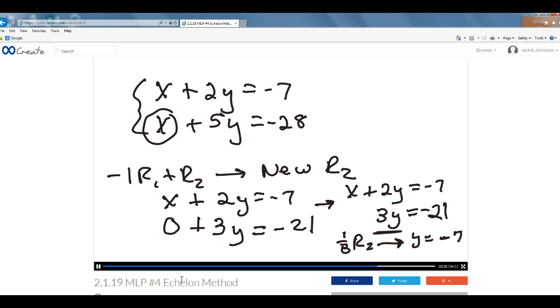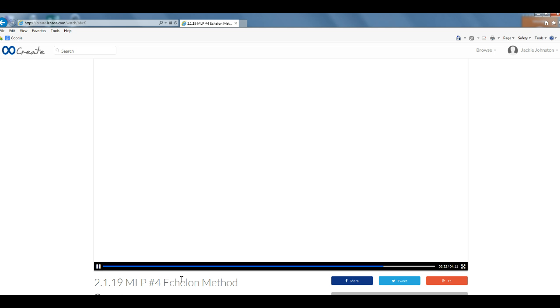So what are we looking at here? At this point, I have x plus 2y equals negative 7. That's my row 1. And then my new row 2 is y equals negative 7. And now we have it in row echelon form.